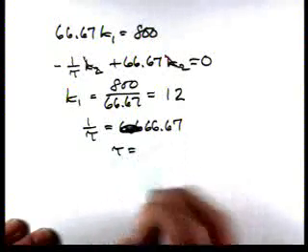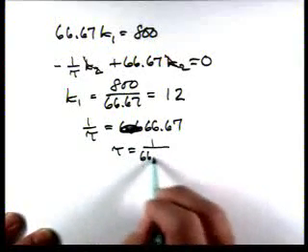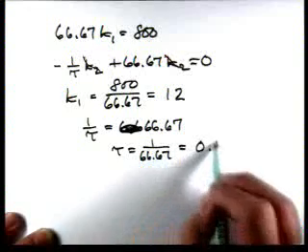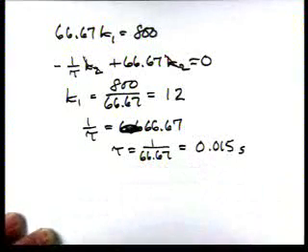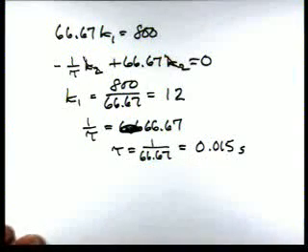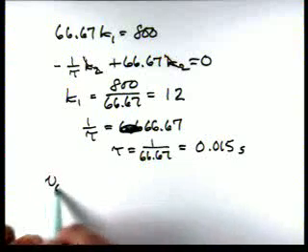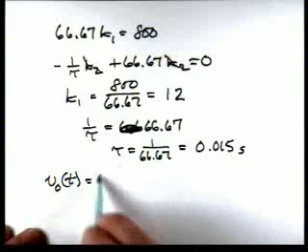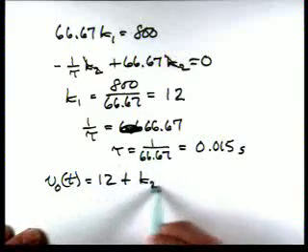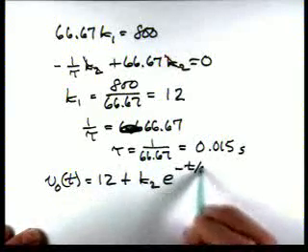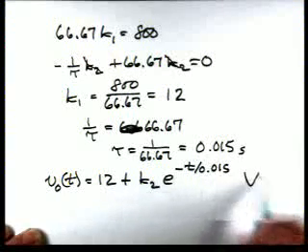So then tau is 1 over 66.67, or 0.015 seconds. So now we know that V0 of t is 12 plus K2 e to the minus t divided by 0.015.